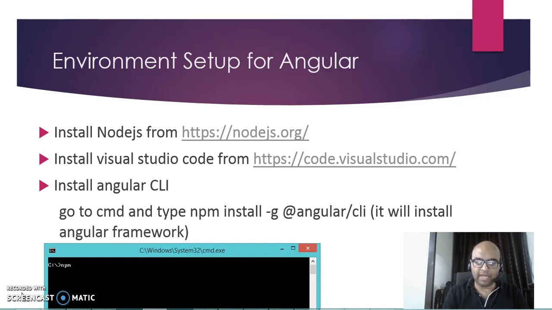So npm stands for Node package manager. Then we have install, that is a command. -g is a global switch. You can type global and you can type -g as well, right? So -g is nothing but a global switch. And then finally we are specifying which framework we are installing, so @angular/cli. This command will install the Angular framework globally.